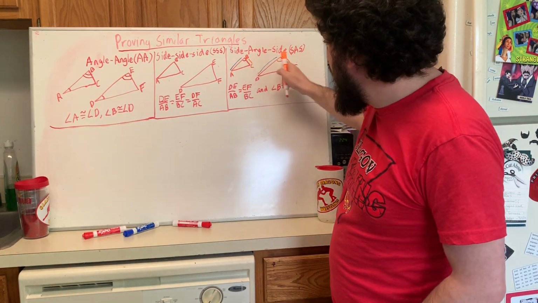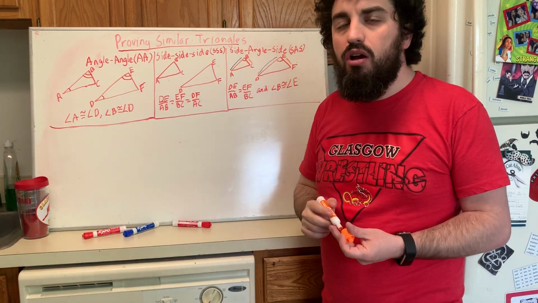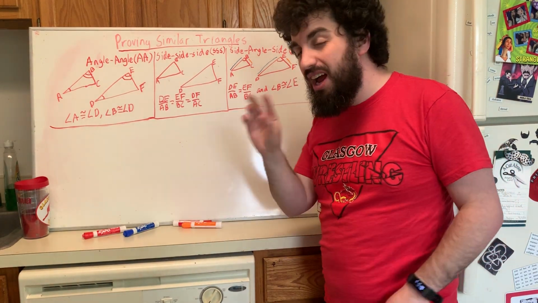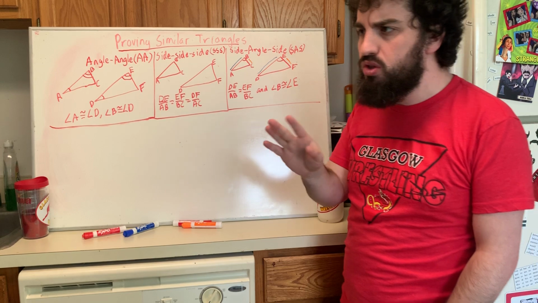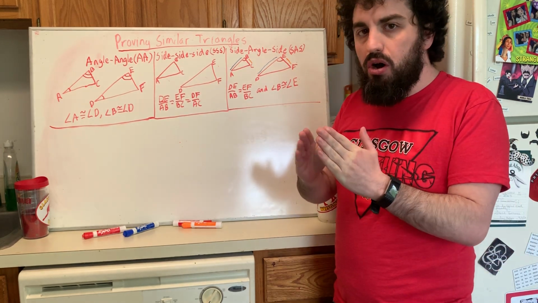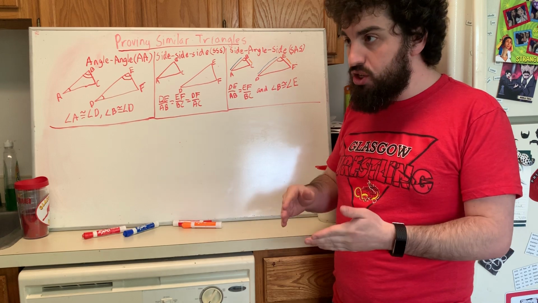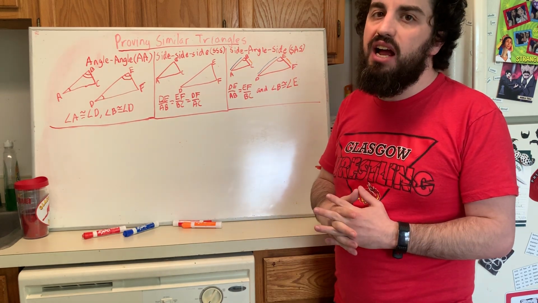If you notice, angles B and E are between the two sides. Since the angles are between the two sides, you have those fixed ratios and that fixed angle.